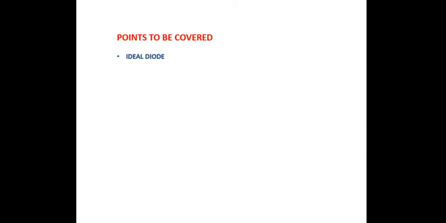And if someone asks what an ideal diode is and what a practical diode is, then you can differentiate with the explanation that ideal diodes act as perfect conductors and perfect insulators, whereas practical diodes cannot act as perfect conductors and perfect insulators. Similarly, you can make another difference: an ideal diode draws no current when reverse biased, whereas a practical diode draws very low current when reverse biased.